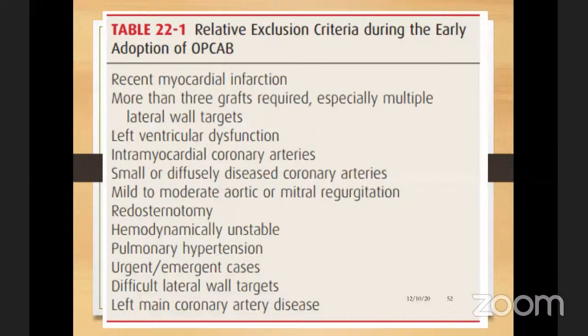There are relative exclusion criteria during the early adoption of off-pump: recent myocardial infarction, patients requiring more than 3 grafts, especially multiple lateral wall targets, left ventricle dysfunction, intramyocardial coronary artery, small or diffuse disease coronary arteries, mild to moderate aortic or mitral regurgitation, reduced sternotomy, hemodynamic instability, pulmonary hypertension, urgent cases, difficult lateral wall target or left main coronary artery.